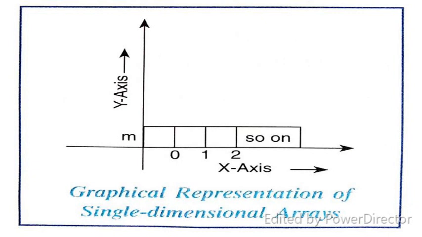A single dimensional array is a structure that is represented along the x-axis by using a number of variables with the same name having different subscripts. A single dimensional array is also called a single subscripted variable because each element of the array is represented by using a common variable name along with a single subscript.